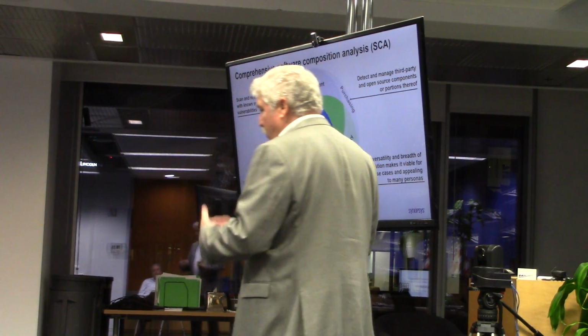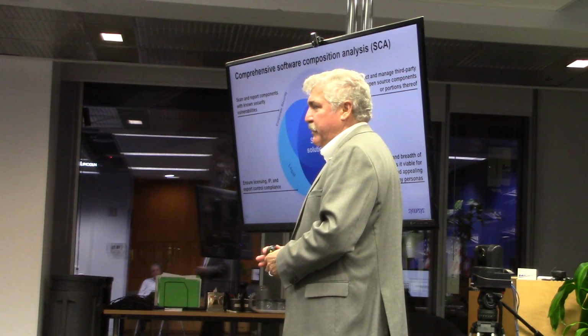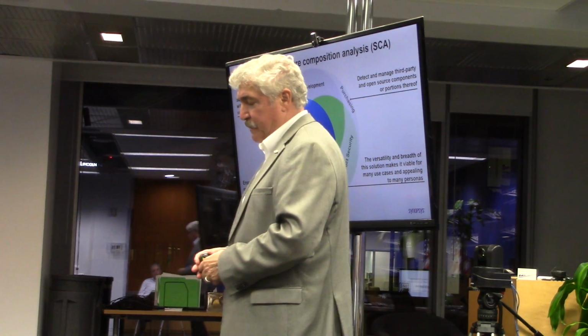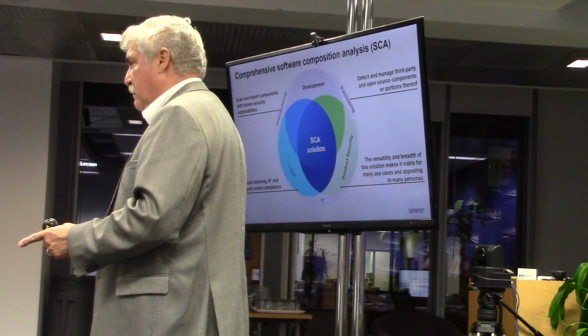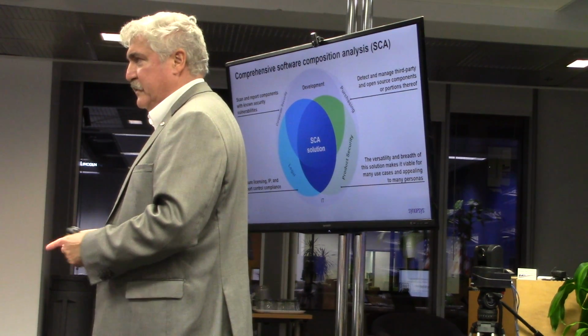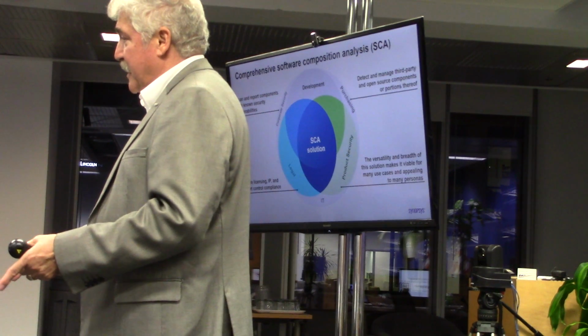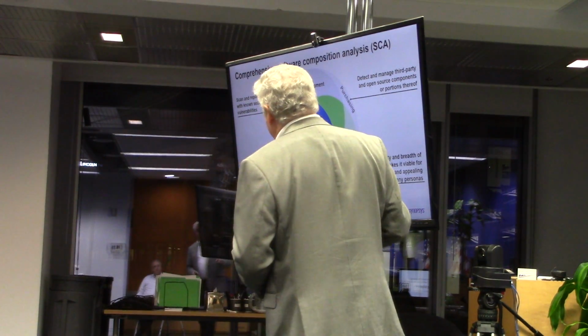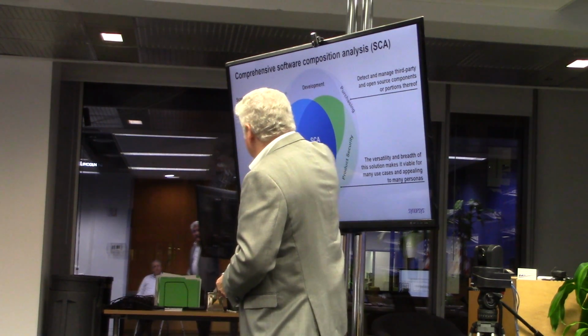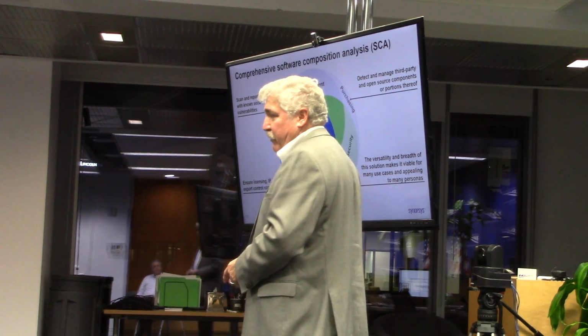Internally, for our company, why it's so important to us, why we use software composition analysis: it doesn't just help our third-party risk management activities where we're bringing in software from somebody else. It helps our development teams. But it also helps our legal team because it helps us in ensuring our licensing and our IP and the export control compliance.